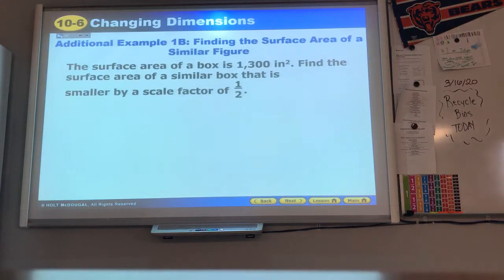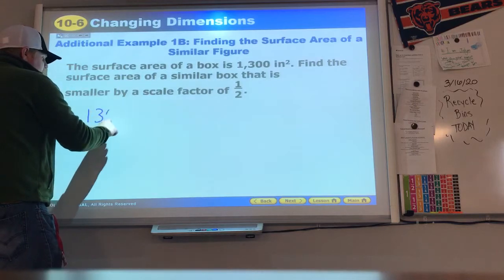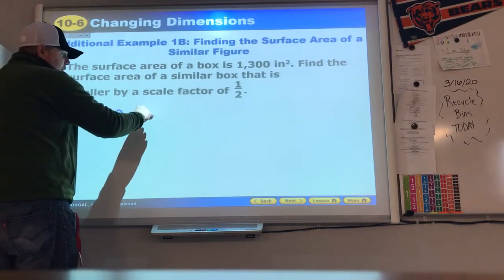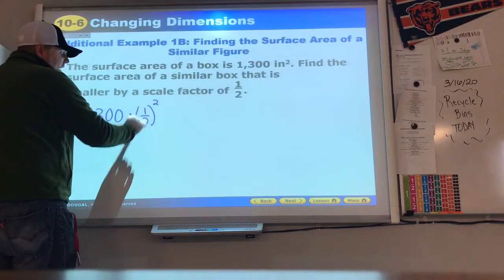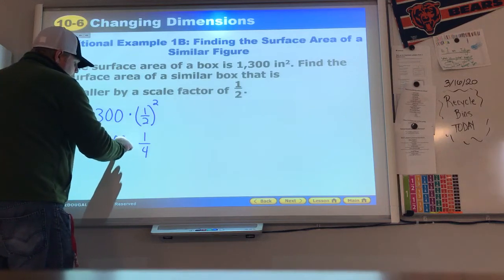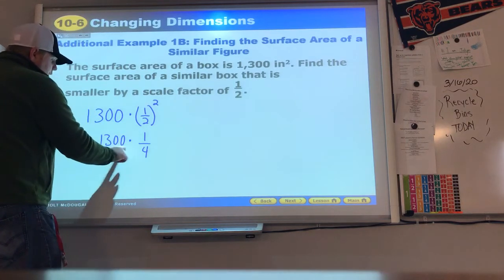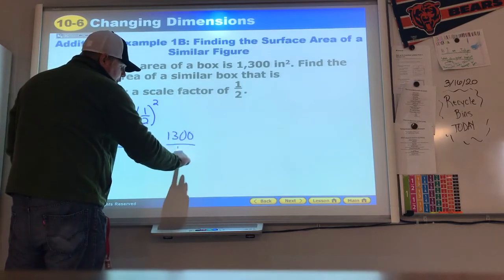The surface area of a box is 1,300 inches squared. Find the surface area of a similar box that is smaller by a scale factor of 1/2. We still do the same thing: 1,300 times the scale factor squared. 1/2 times 1/2 is 1/4, which really means we're dividing by 4, because we get 1,300 over 4.